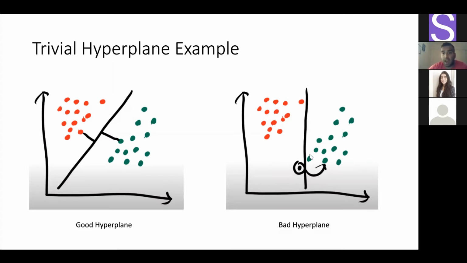However, because our hyperplane is poorly developed, it would classify this point as a red point. Does that make sense? So ideally, our goal is to identify the best hyperplane that obtains the maximum distance between the clusters of points. That will help us classify which cluster a point should fall into.